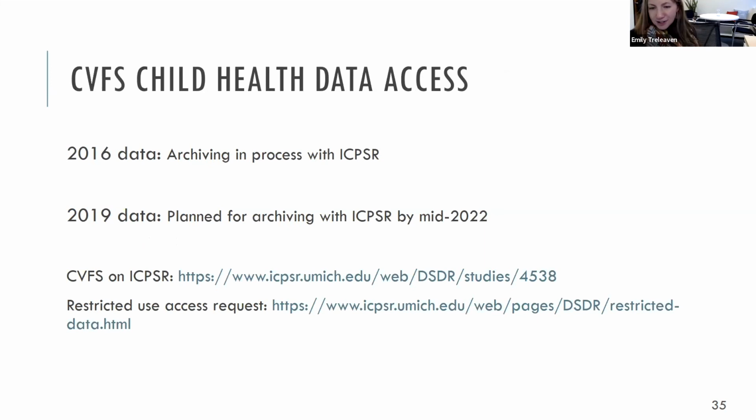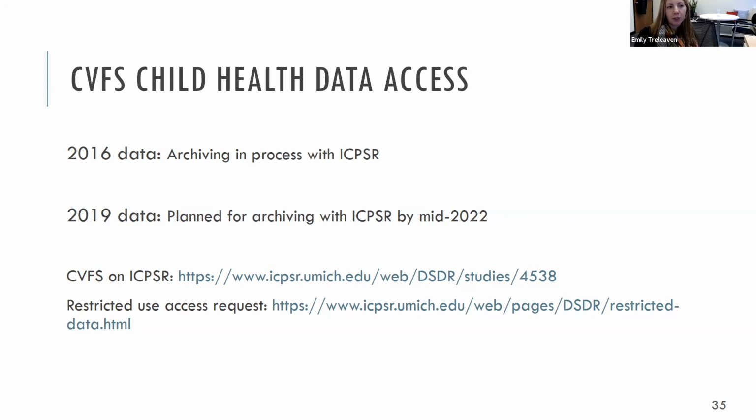So one of the questions I'm sure that everyone here is interested in is, how do I access this data? The 2016 data is currently in the archiving process with ICPSR. So that means that we are in the middle of verifying it for accuracy and then expect to deposit it with ICPSR by March. We will then move on to doing the same with our 2019 data.